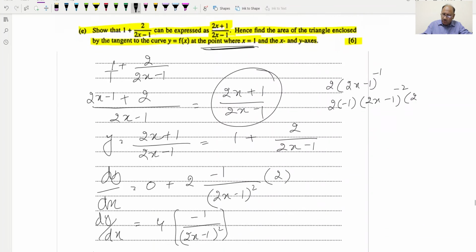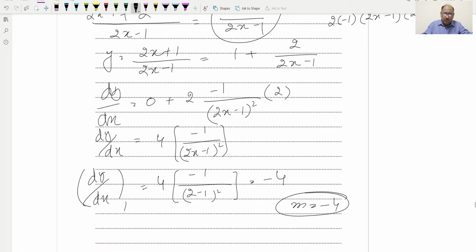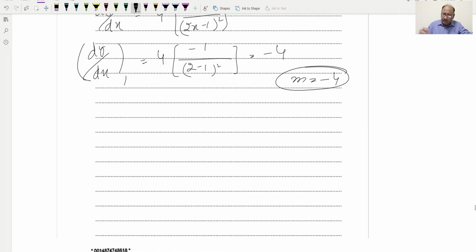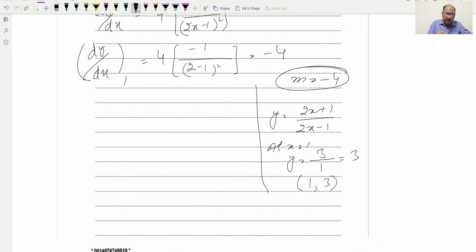When x is equal to 1 we can find y value, and y value will be what? We know y is equal to 2x plus 1 over 2x minus 1. When x is equal to 1, y will be equal to 3 over 1, which is equal to 3. So our point will be 1 and 3. So 1 and 3 will be the point, so we'll be using these two pieces of information to write the equation.